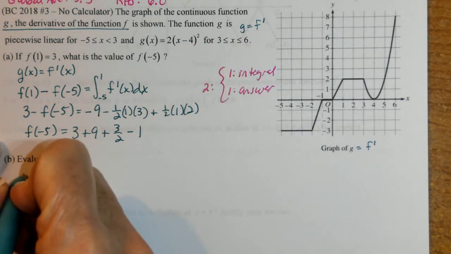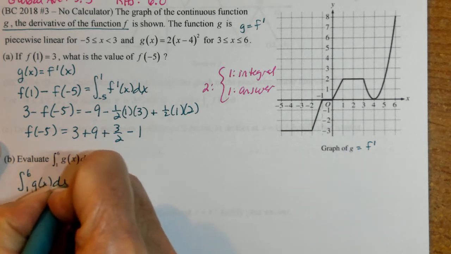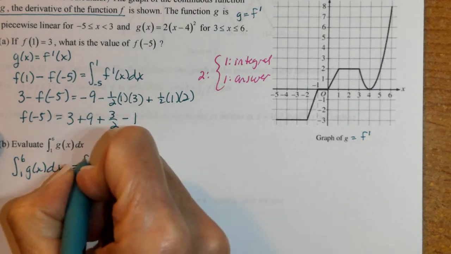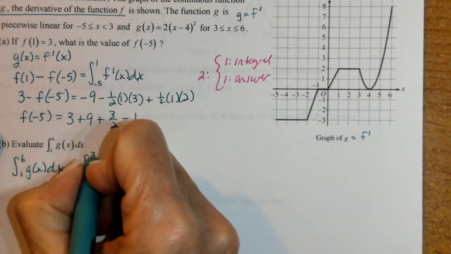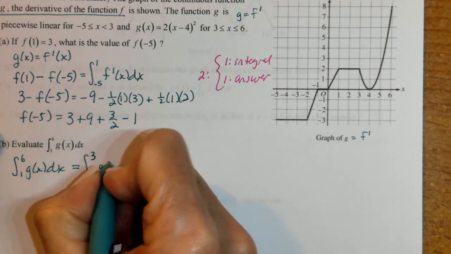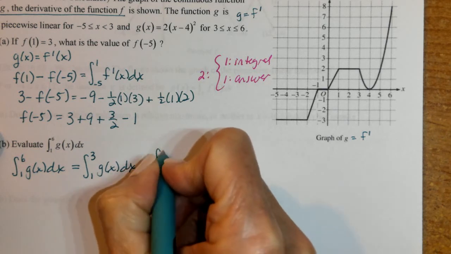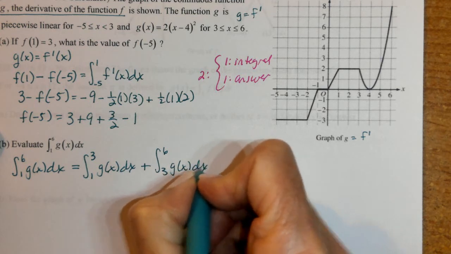So I'm going to begin by splitting this up into its 2 parts. From 1 to 3, and then I'm going to add from 3 to 6.